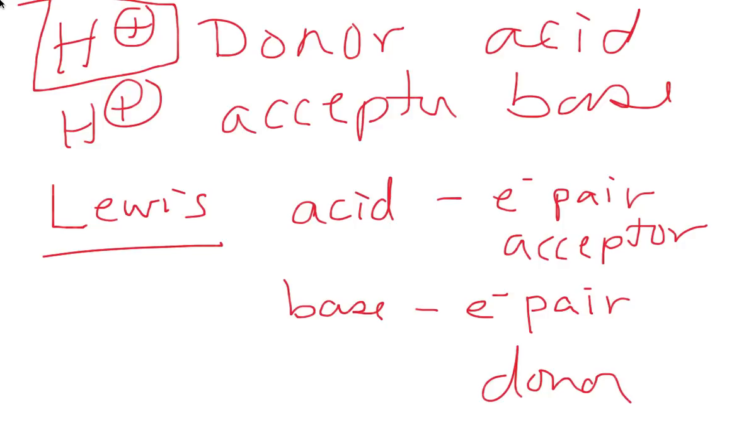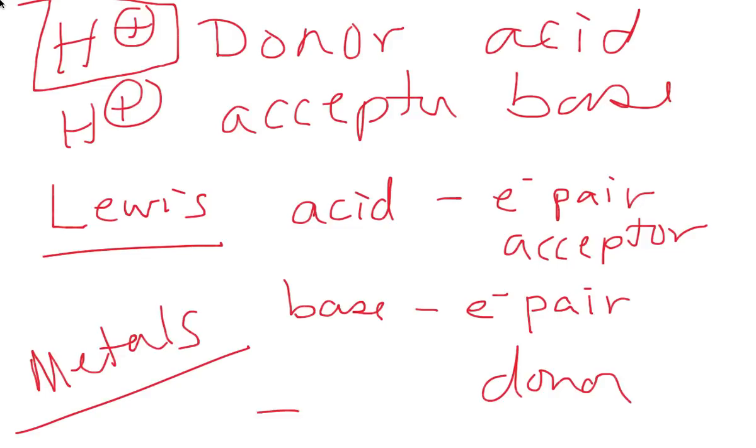Other things can do that also, namely metals which have a plus charge or an empty orbital that can accept a lone pair and form a bond. Okay? So we have a broader definition of acid to include other atoms besides hydrogen as a lone pair acceptor.